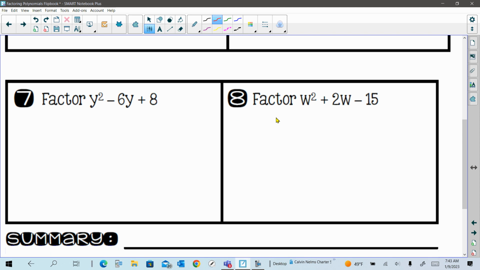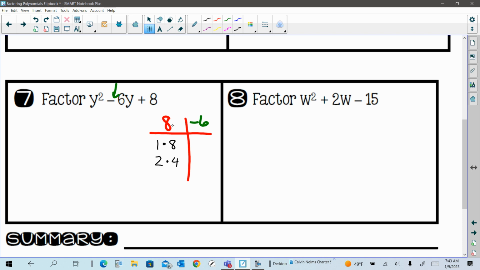All right, on 7 and 8, the thing we have to pay attention to is the sign. We still want factors of 8, but the sum is a negative 6, because there's a minus there. My factors of 8 are still 1 times 8 and 2 times 4.